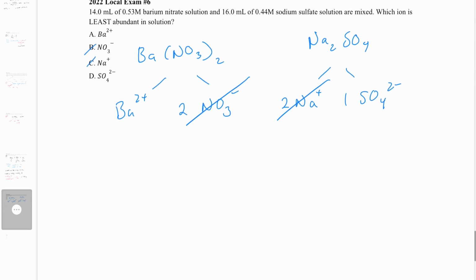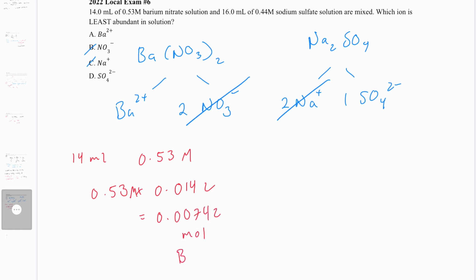Let's calculate how many moles of barium we have and how many moles of sulfate we have. So we have 14 mL of 0.53 molar. In order to find the moles from your molarity and your liters, you just multiply them together. So 0.53 times 0.014 liters tells you that you have 0.00742 moles of barium. And let's do the same for our sulfate.